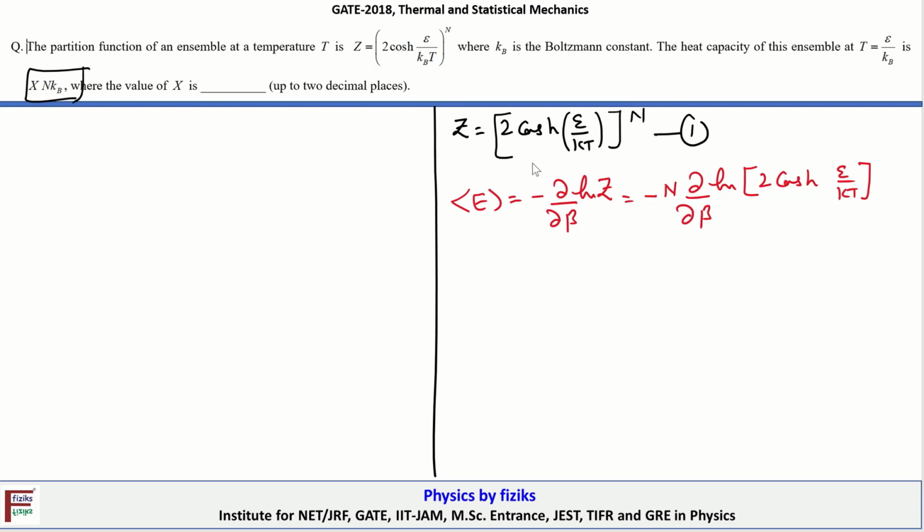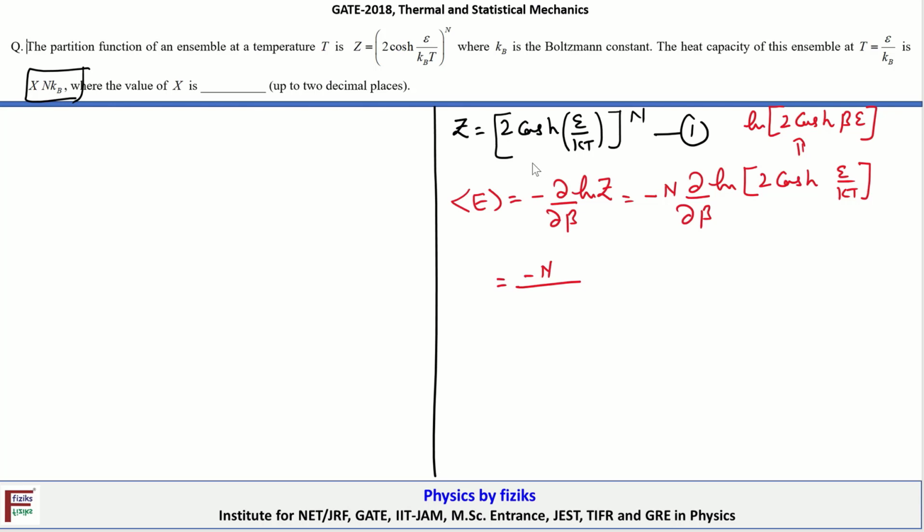Now we have to differentiate this expression with beta, because this is in terms of beta. This is equal to ln 2 cosh(βE). After differentiating, we obtain minus n upon 2 cosh(βE), and then again its differential with respect to beta, so 2 sinh(βE) multiplied by E. I'm writing the result in terms of beta, and later we will change it in terms of temperature.